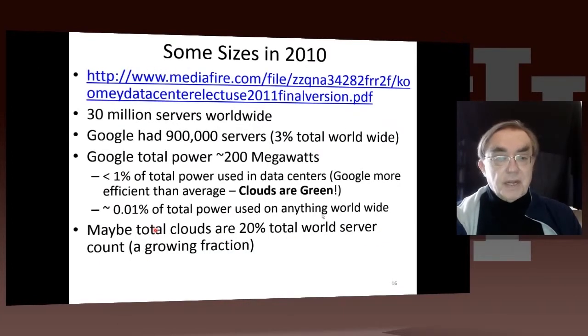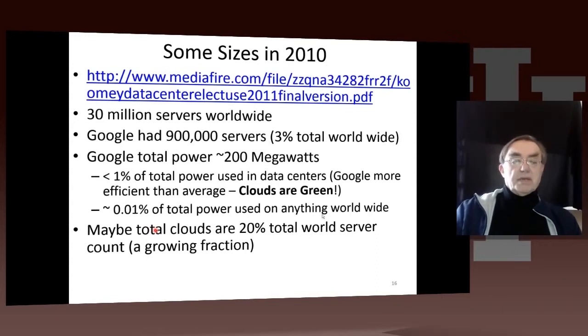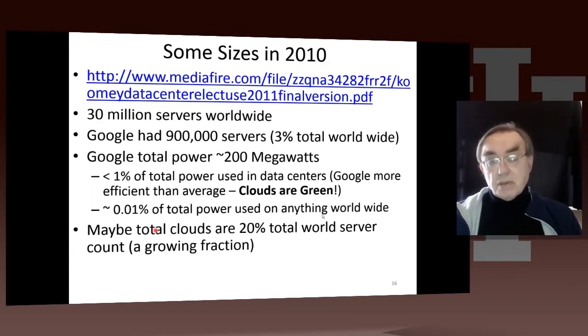It's very difficult to find out anything quantitative in some areas on the web because it's all secret. Google only indirectly told us in 2010 that they had around 1 million servers, because they told you something about electricity use, about how good they were, and indirectly told you in that fashion how many servers they had. So in 2010, there were around 30 million servers worldwide, and Google had 3% of the world's servers.